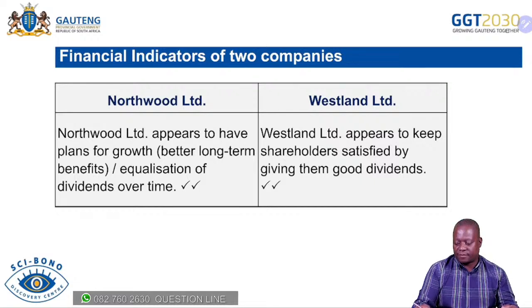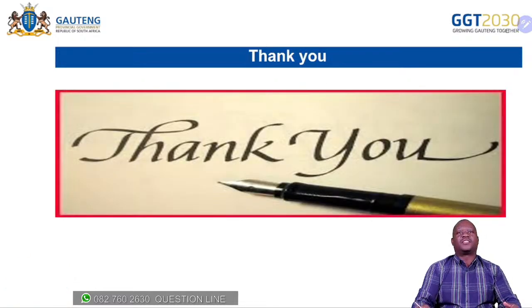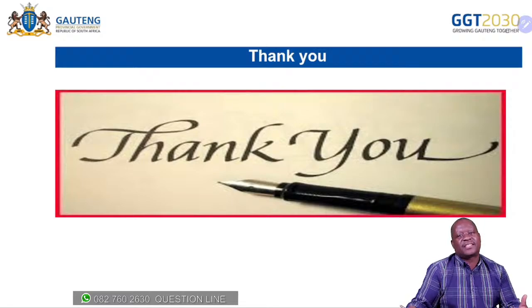Please take note, time is getting to the end, but let's just do a rundown here. What are we expected to do given this topic? Know your formulas. Know how to substitute into the formulas. Know exactly which figure to place where in the formulas to be in a position to have a proper calculation of the said financial indicators.